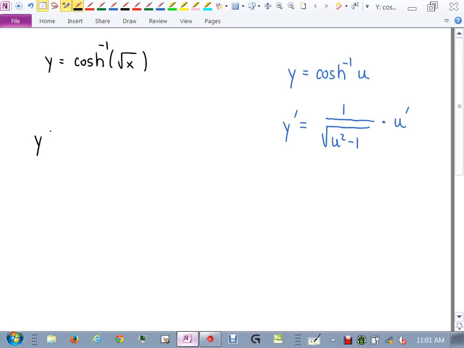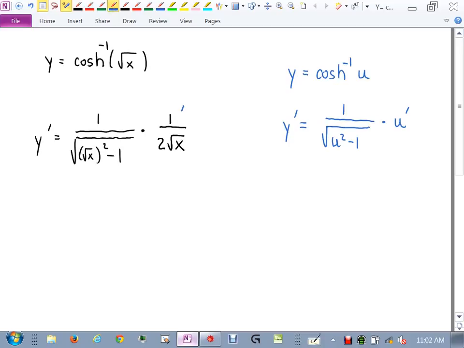Okay, so we should have y prime equals 1 over the square root of, I'll use the terminology I was using in my office hours earlier today, the argument of the function, which is square root of x, but I'm going to square it, and then minus 1, and then times the derivative of what was in here. So derivative of the square root of x is 1 over 2 square roots of x.